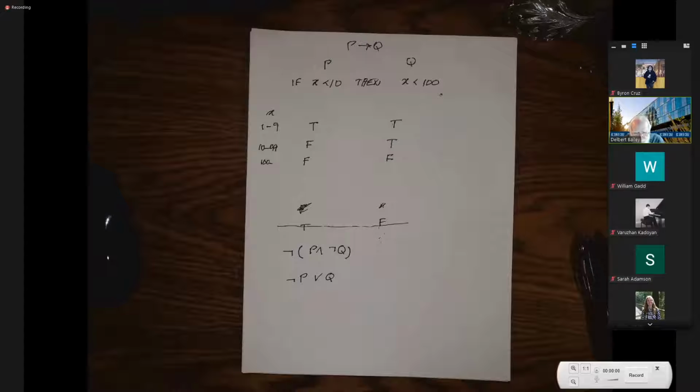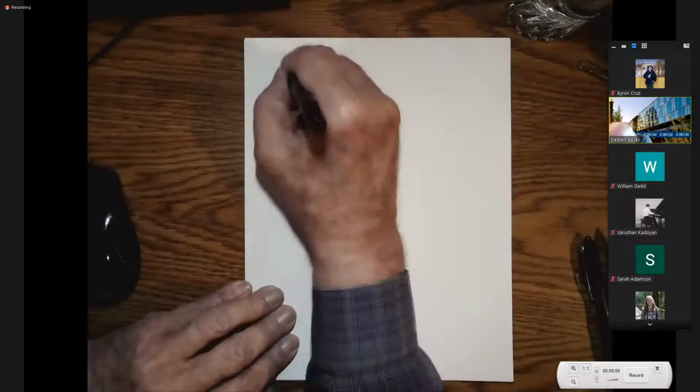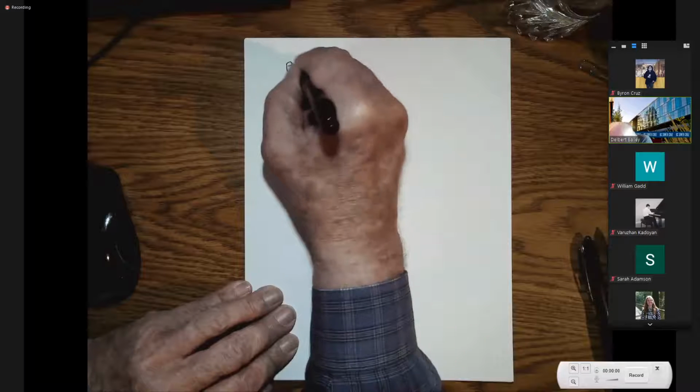Okay, so what are these things? One of the things that these are good for is to determine what are valid arguments, such as, we're quite used to this one, right?